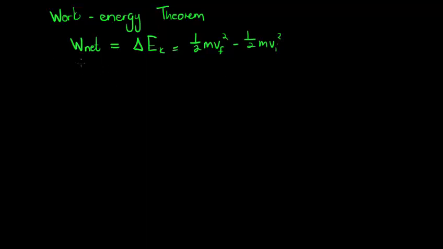Now the formula that I want to show you has to do with net work done. Net work done is the sum of all the work that was done on an object. Now what can do work? What would you say can do work on an object? Gravity. So we've got work done by gravity.